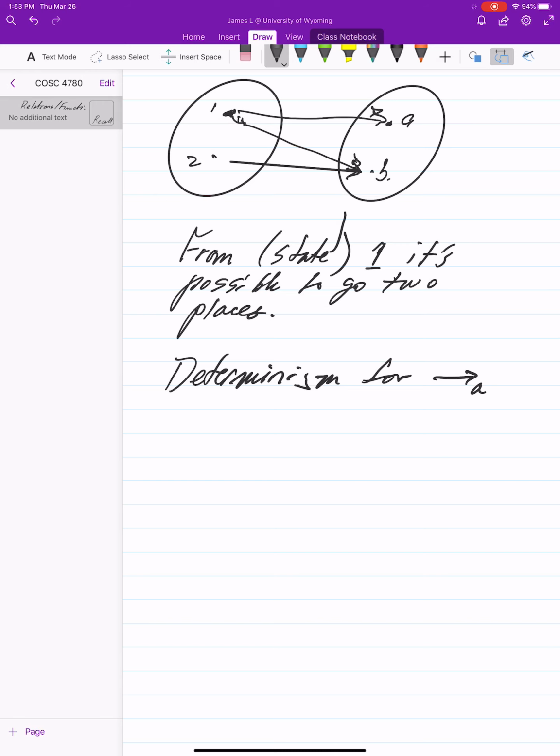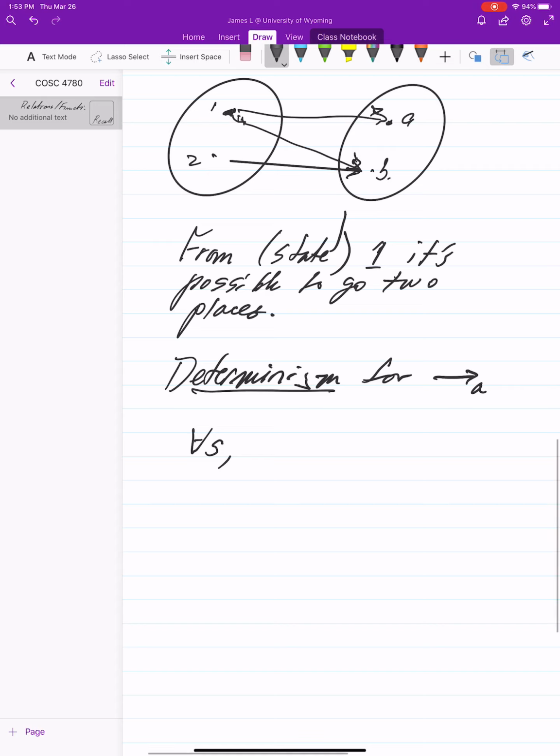It says that the property of determinism is formalized as follows: for every state S and configuration, let's say E, which is an expression. I should call it A1.